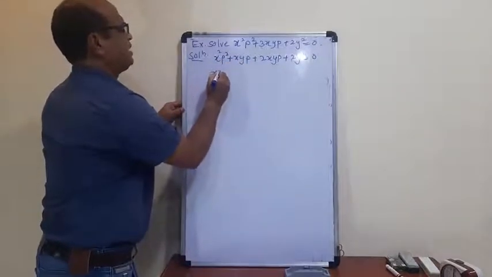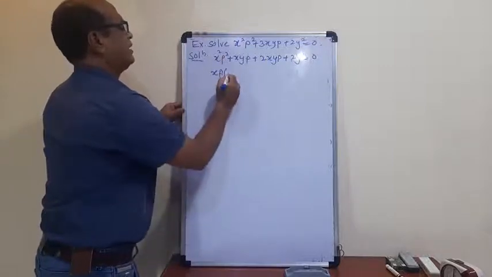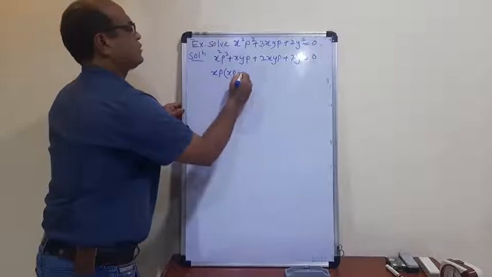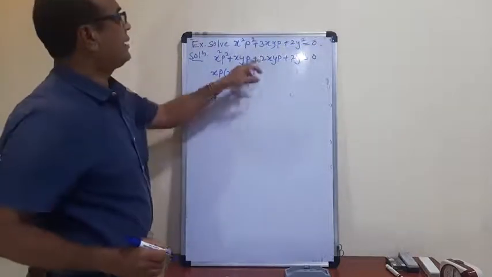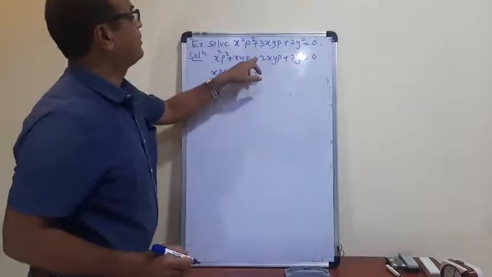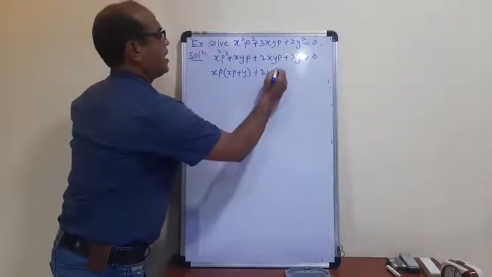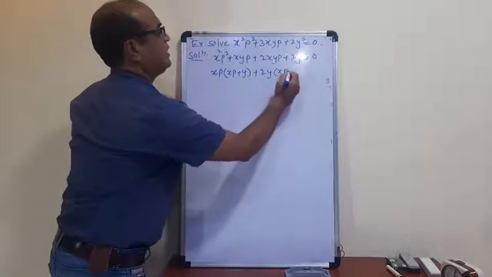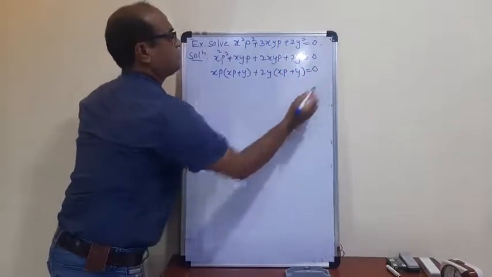So xp take common, then we get xp plus y, plus we take common 2y from these two terms, 2y into bracket xp plus y is equal to 0.